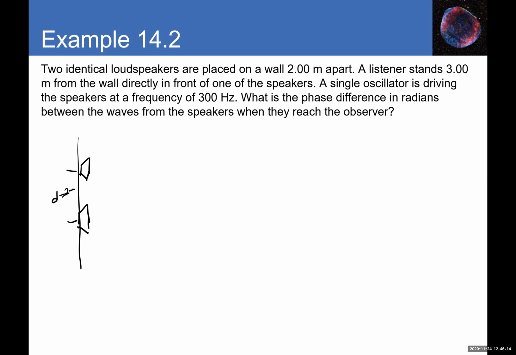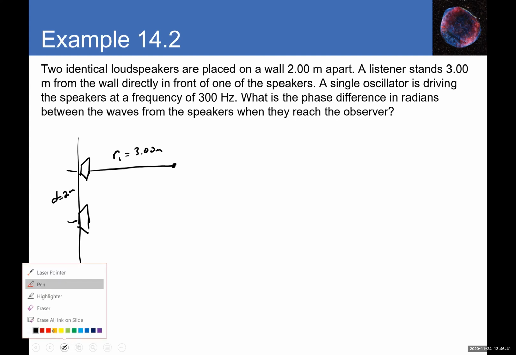And then say there's a listener that stands 3 meters from the wall directly in front of one of the speakers. Let's put them right here. So this is the listener, and this is the distance from the speaker to the listener, let's say R1, so 3 meters.